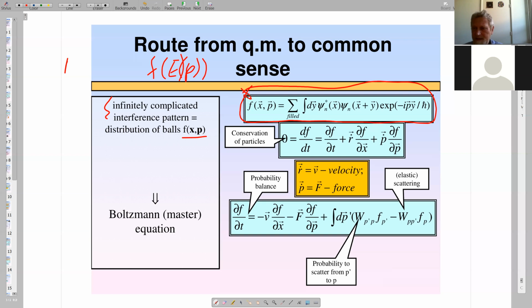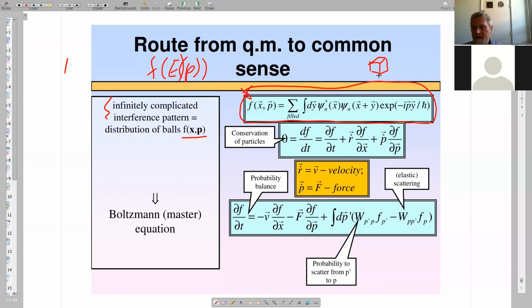But it appears rather impractical in view of the fact that we can use a conservation law, number conservation of particles in a small volume of 6-dimensional space. 3 for coordinates, 3 for momentum.